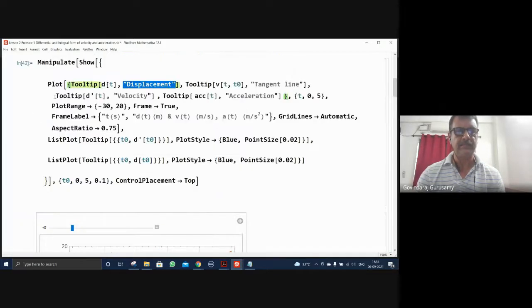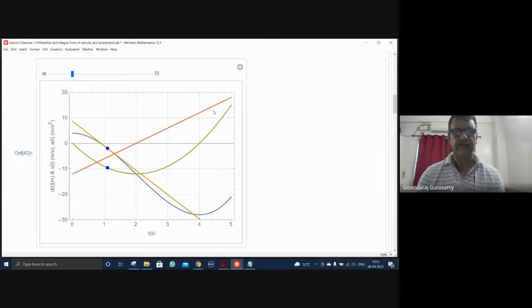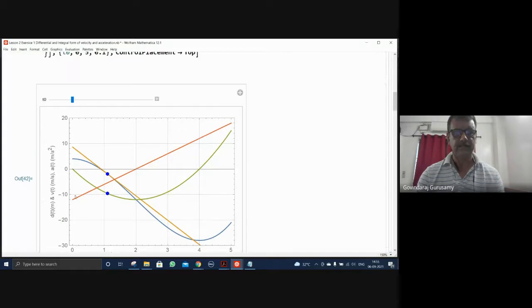All of them have been put together here. The first part is the displacement tooltip. The second is the tooltip for the tangent line. The third one is d prime, the velocity. The fourth one is the acceleration. That is being plotted, so this is what the results correspond to for all of them.